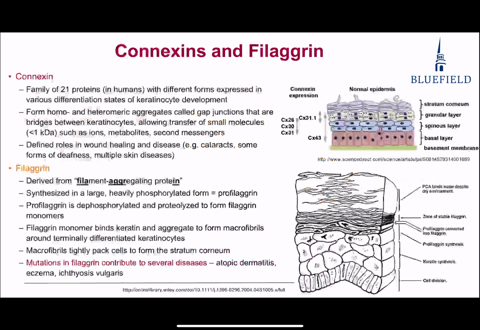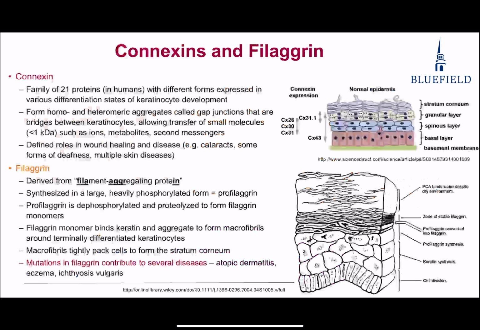Don't really need to know any of the details about those, other than to know that as the epithelial cell layer is differentiating, you have different connexins that are expressed. So just different molecules, different level of adhesion. And so when you see the CX, whatever, CX is connexin. So what I would hope you remember is that connexins are a family of adhesion molecules for epithelial keratinocytes. All right. Then we have filaggrins.